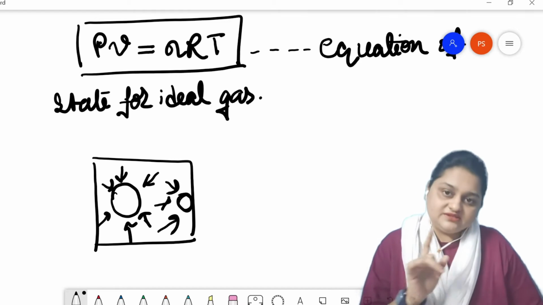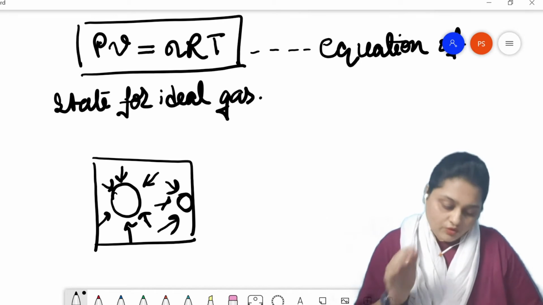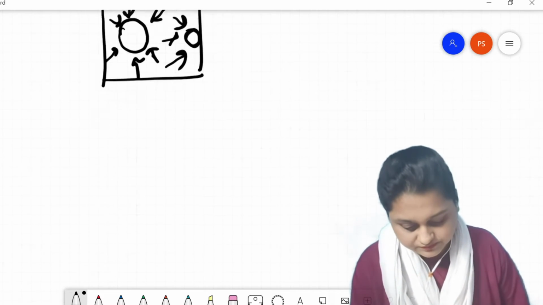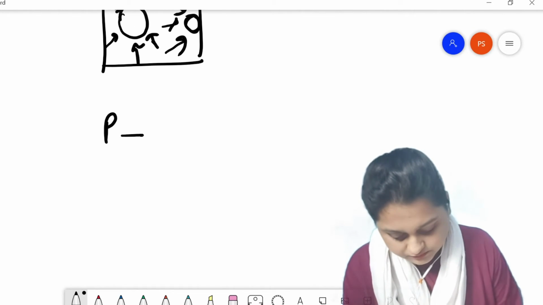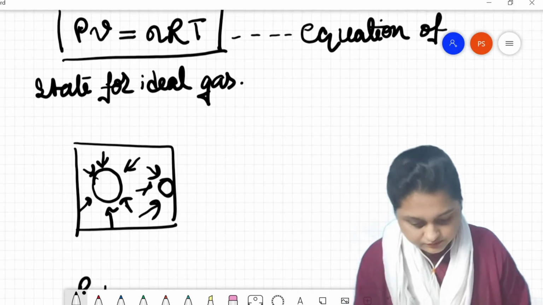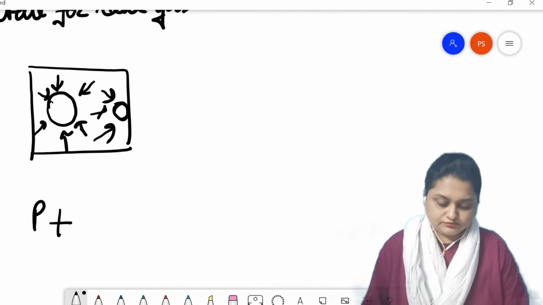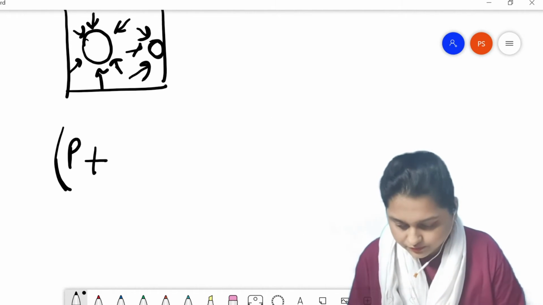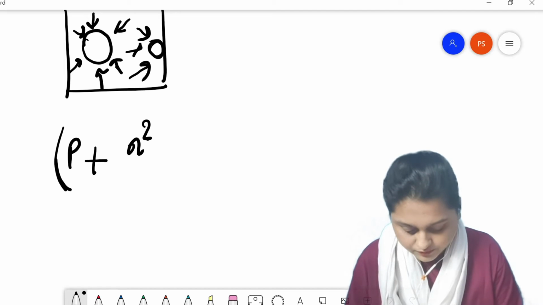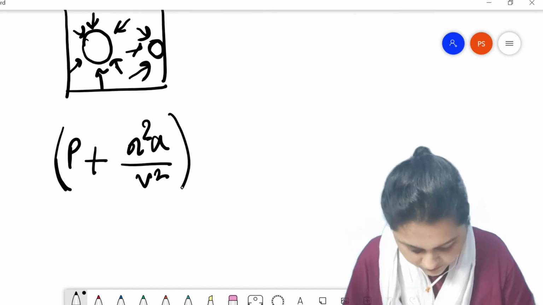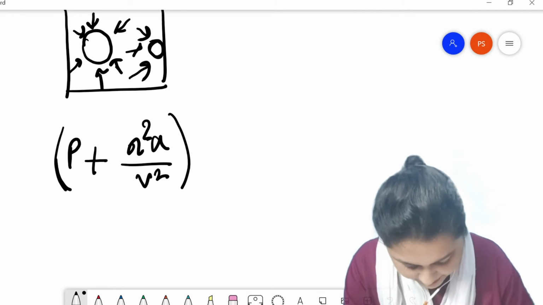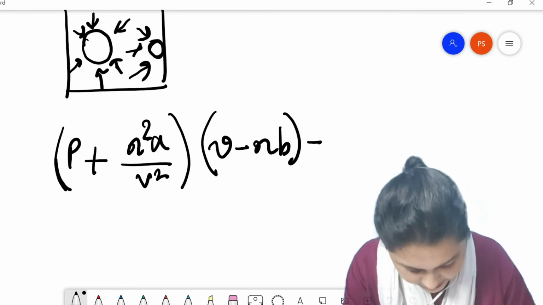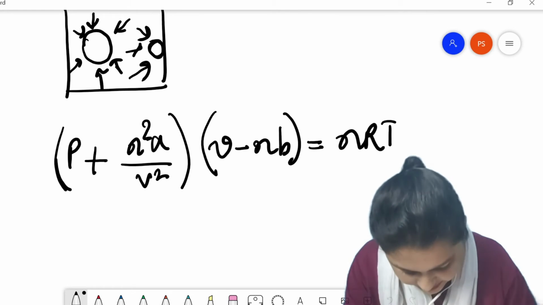In other words, this equation of state of real gas is also known as the van der Waals equation, and this expression is (P + n²a/V²)(V − nb) = nRT.